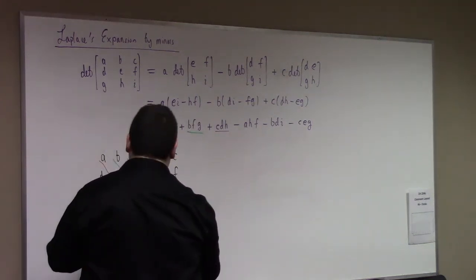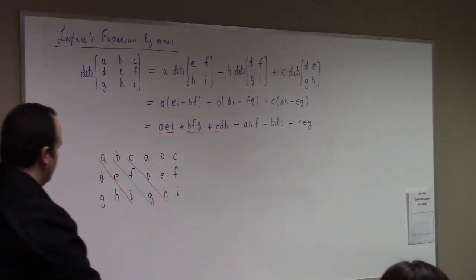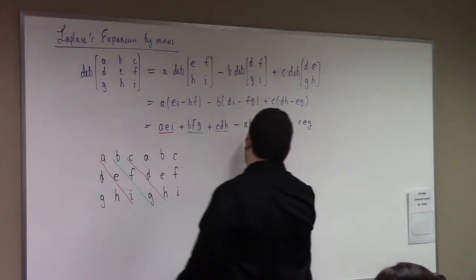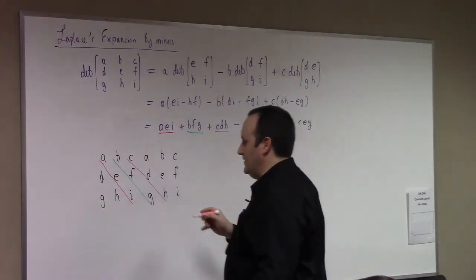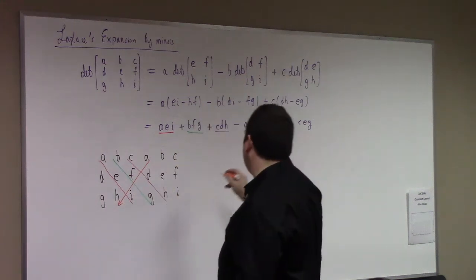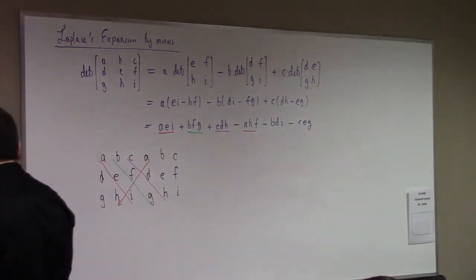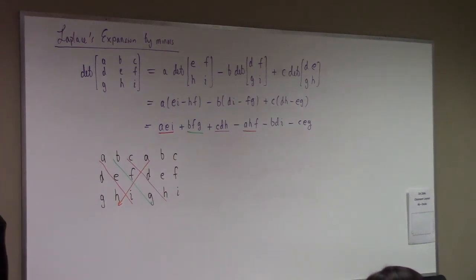CDH is right there, and then the other ones, the minus ones. AHF is like this, right? See that? And I gotta have a blue here. Oh, purple.